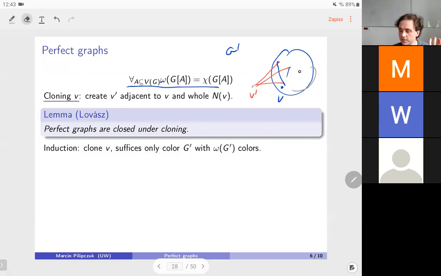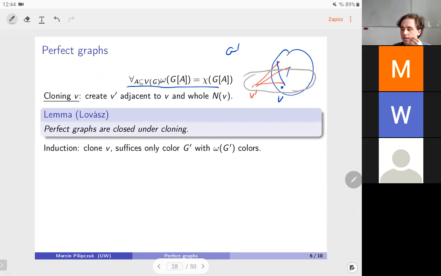So we're only really interested in induced subgraphs that contain V prime. If I have V prime and not V, this is also isomorphic to an induced subgraph of G, because I could replace V with V prime; they have the same neighborhood. So I only need to check induced subgraphs that contain V and V prime.